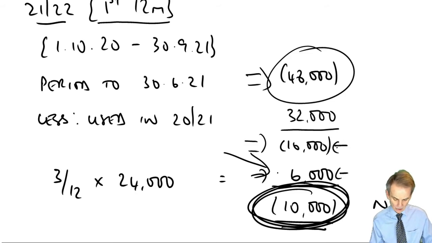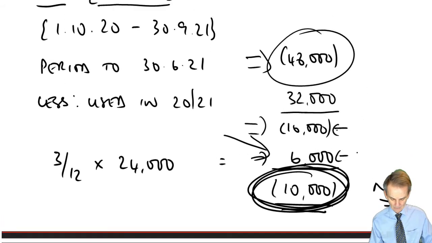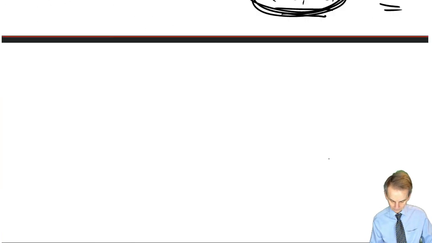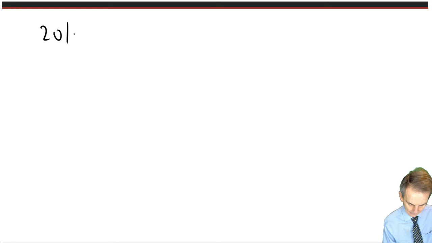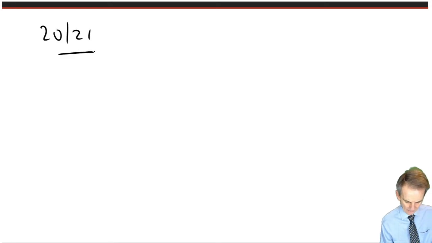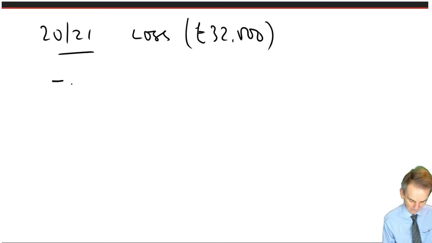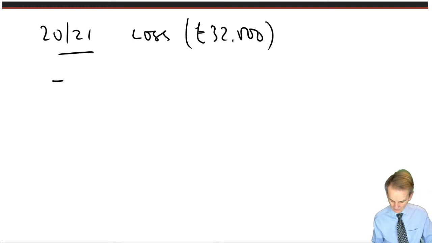So let's just repeat what loss reliefs we have available. Looking at the first tax year, 2021, we had a loss of, what was it, £32,000. What here are the options?